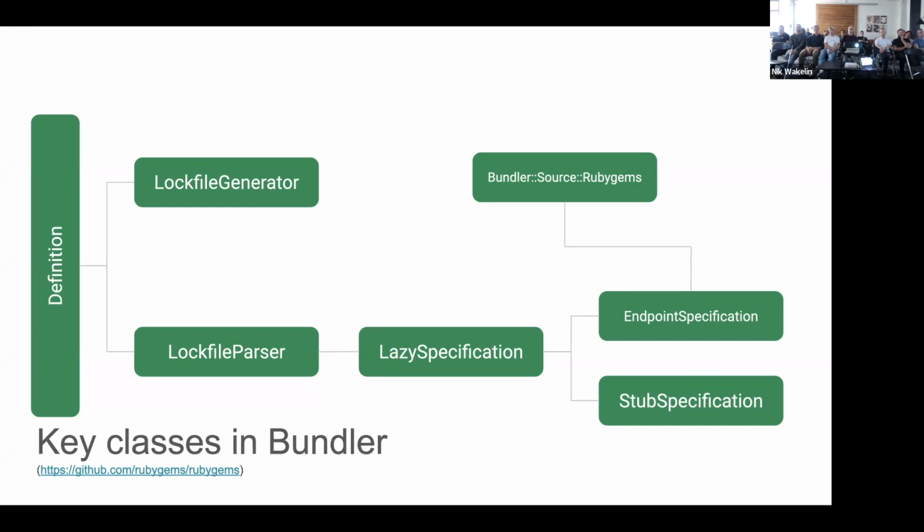And for gems that come from Ruby gems, if you look at that class, Bundler source Ruby gems, that's where the methods are that contain all the information on how to fetch the checksums and all the different JSON things. And then once you've done that, you come back to the definition, run the log file generator to write out. So that's kind of how everything hangs together.